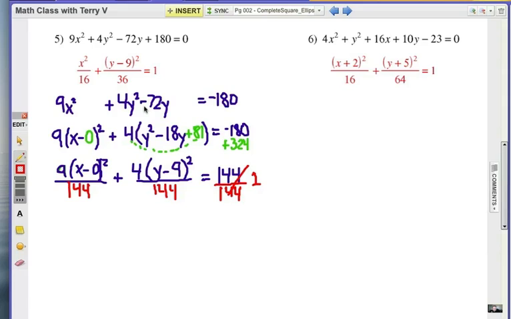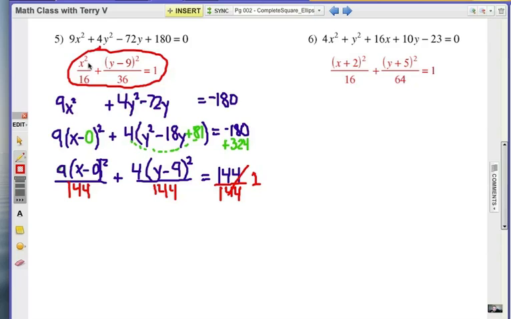And then if I look at my formula that's left, just to speed this up, a factor of 9 out of both of those leaves 16 on the bottom there. And I can rewrite the x minus 0 squared as just x squared. And the 36 comes from the 4 divided into 144.